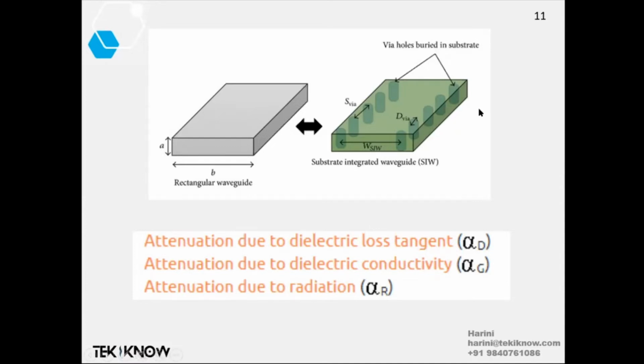At first, when I heard about this SIW, the thing that struck my mind was: if I feed this, the waves could escape from between these two rows of vias, right?